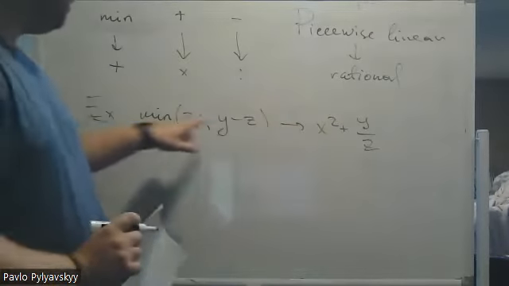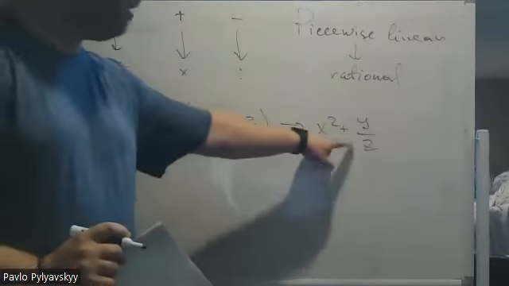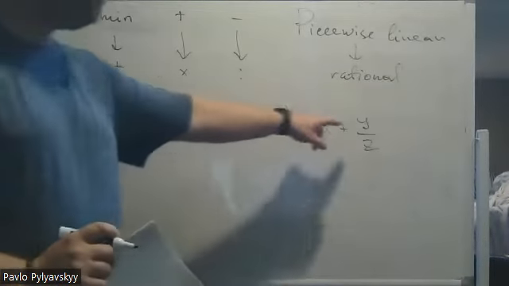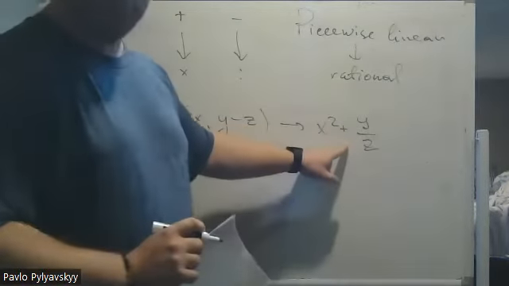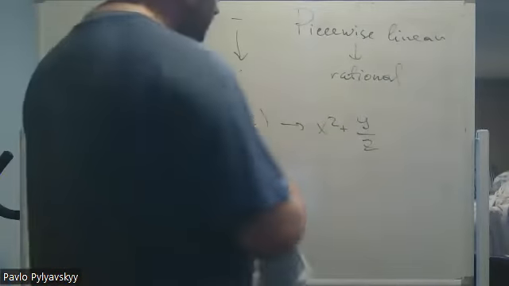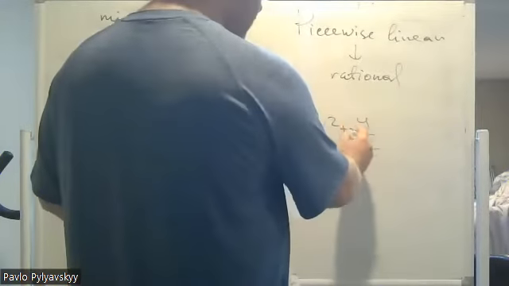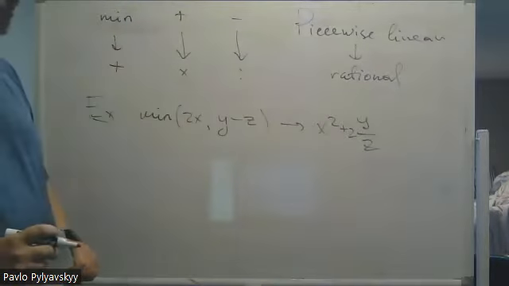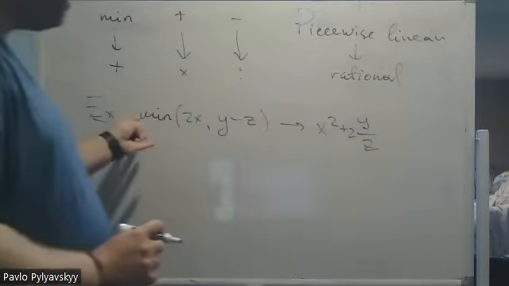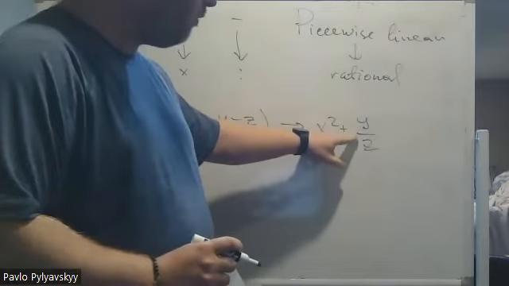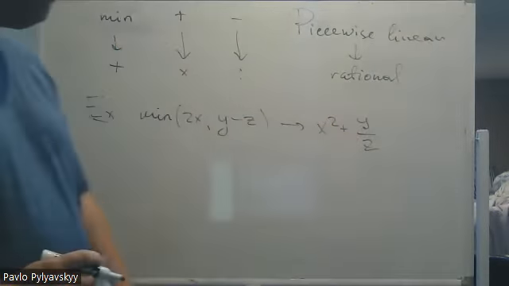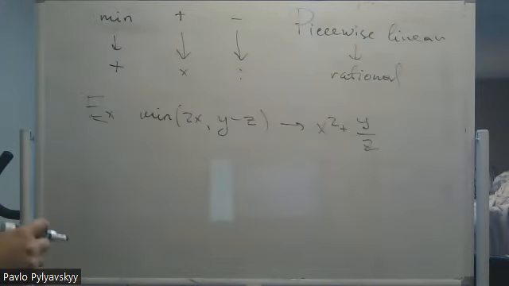Instead of the minimum of those two things, we have their sum. And instead of y minus z, we have y divided by z. This lifting is not unique. If I change this plus to a minus, or put a coefficient 2 here, it would still tropicalize to the same thing. But often there is a nice, correct choice of coefficients to lift to.